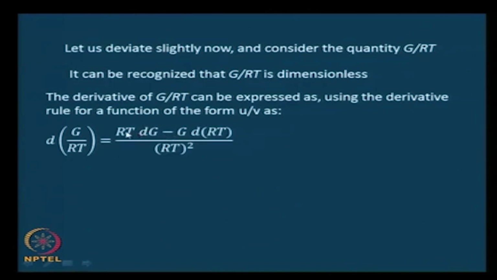So, in other words, the denominator function RT into the derivative of the numerator function dG, minus the numerator function G times the derivative of the denominator function R dT, divided by RT squared. Taking the common terms out, this is 1 by RT dG minus G by RT squared dT, where one of the R's gets cancelled.